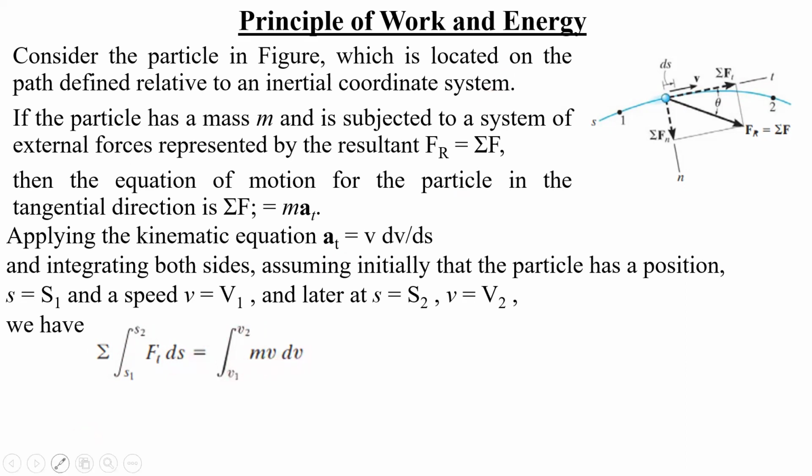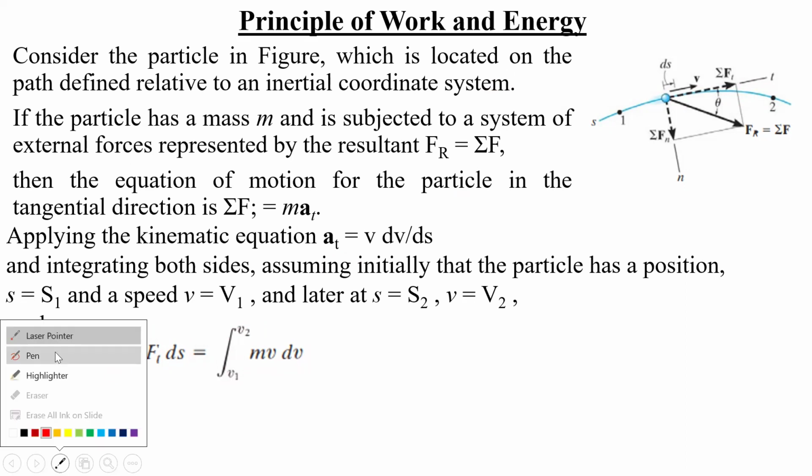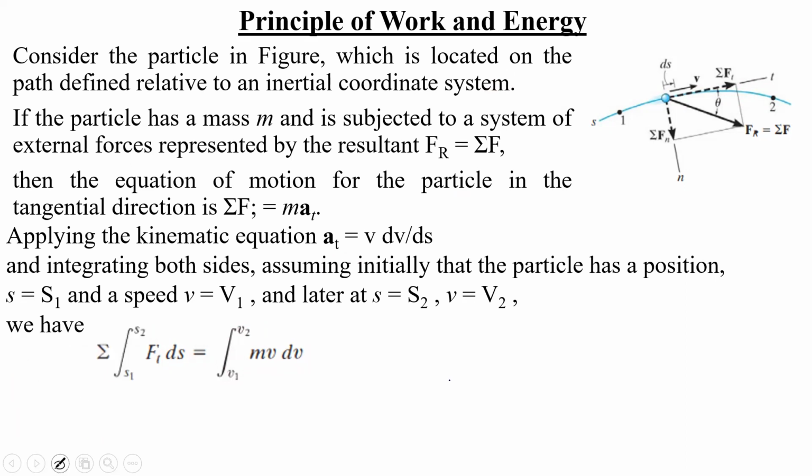What we are saying is this. Summation F_t is equal to m a_t, which is equal to m v dv over ds. So the ds will be taken to this side.